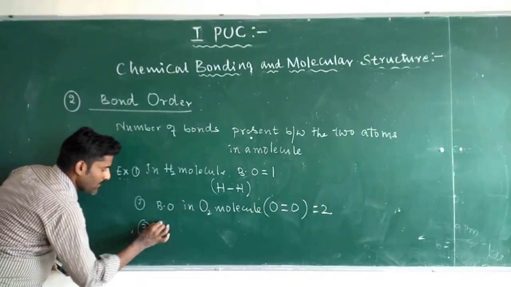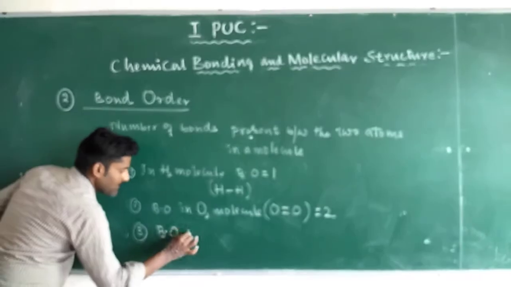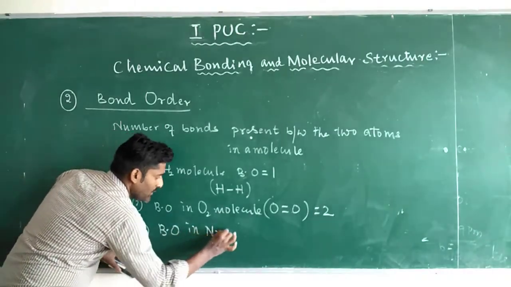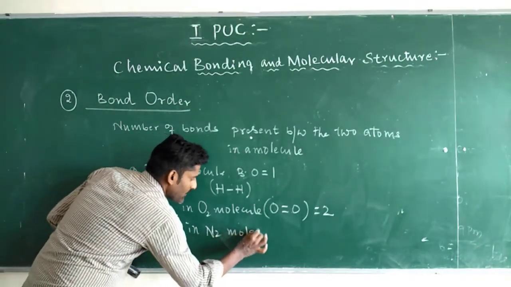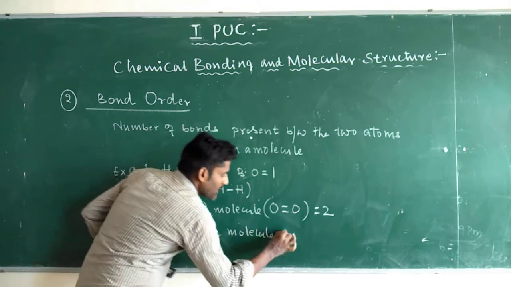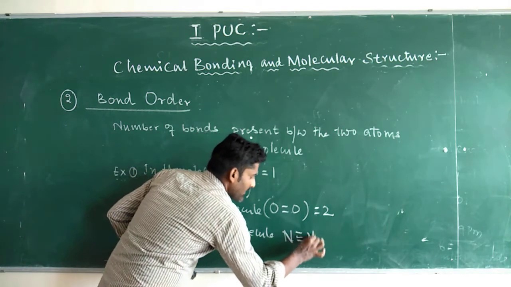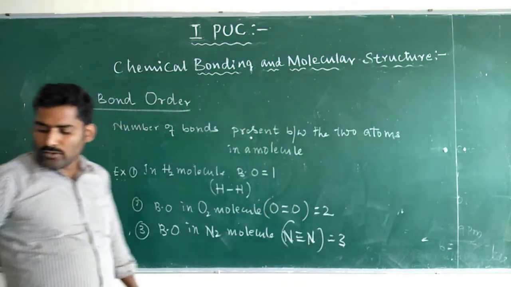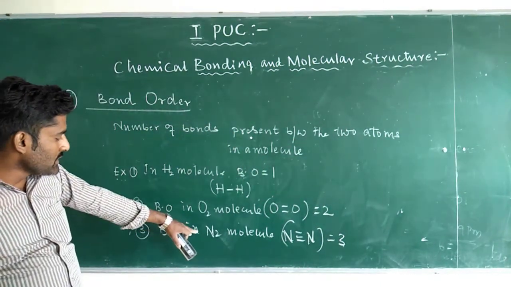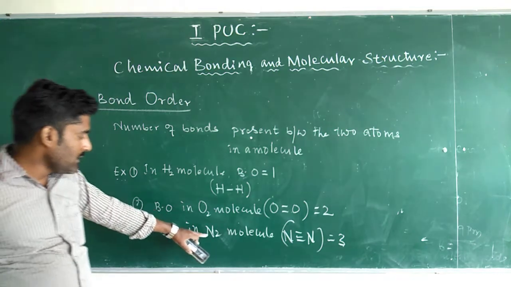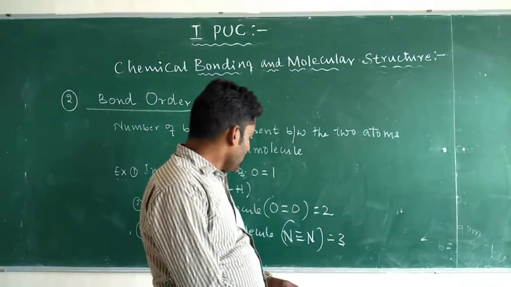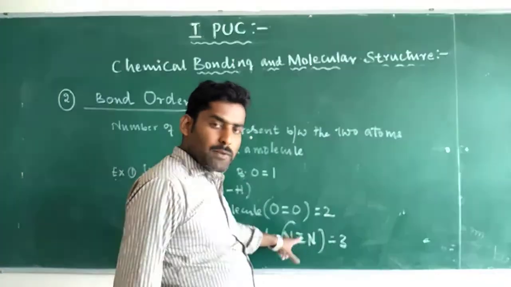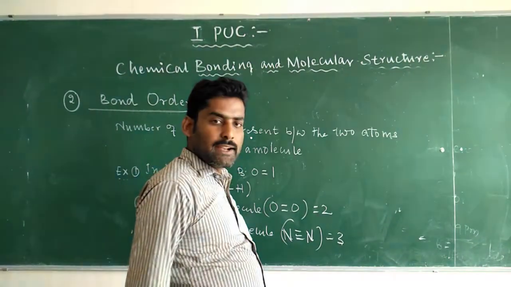Next, bond order in N2 molecule, N triple bond N, is equal to 3. So in the nitrogen molecule, a triple bond exists between two nitrogen atoms.